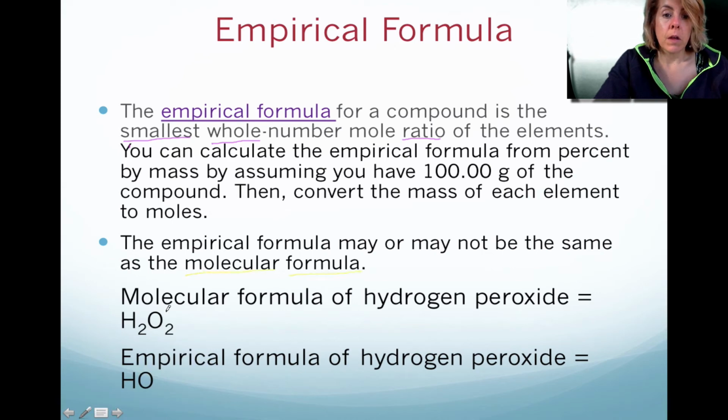For instance, molecular formula of hydrogen peroxide, so the peroxide that you find in your bathroom cabinet, that typically has a formula of H2O2. Now, if we look at the smallest whole number ratio of that, notice that the empirical formula is HO as opposed to H2O2.